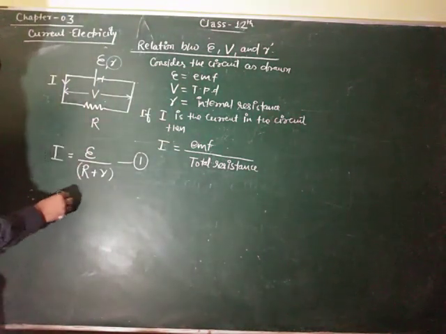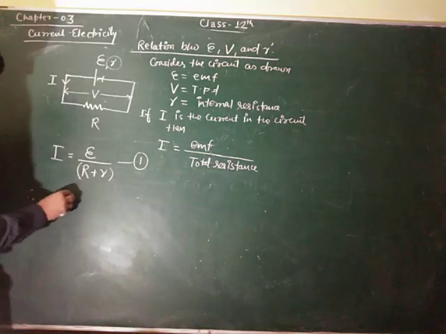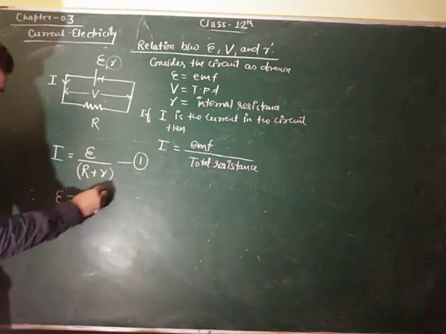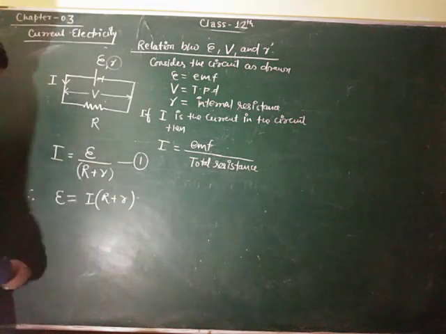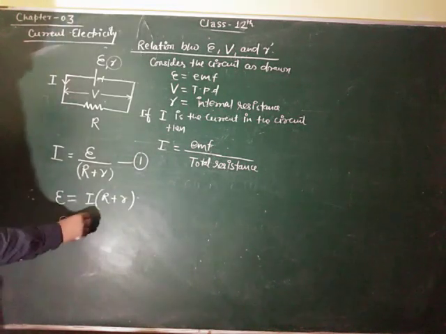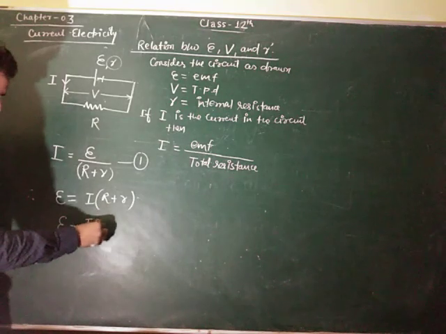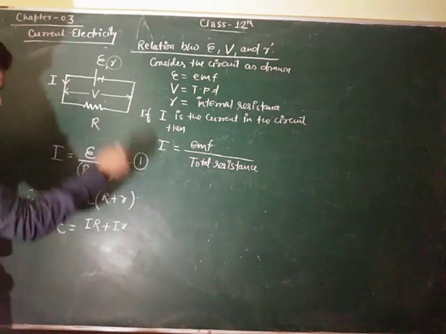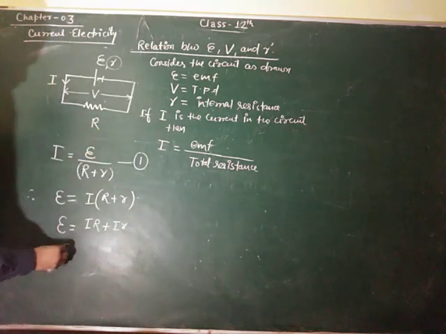Now I is equal to E by R plus r. So by cross multiplication, we can write E is equal to I(R plus r), which is IR plus Ir. What is this IR?